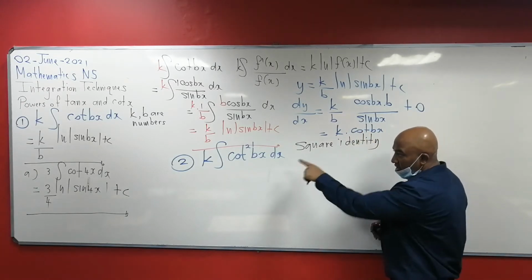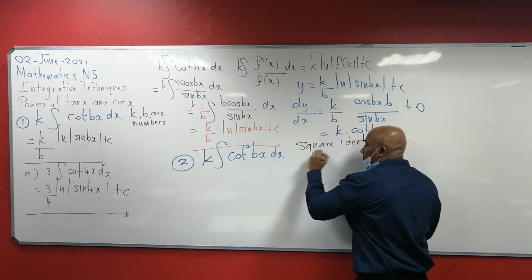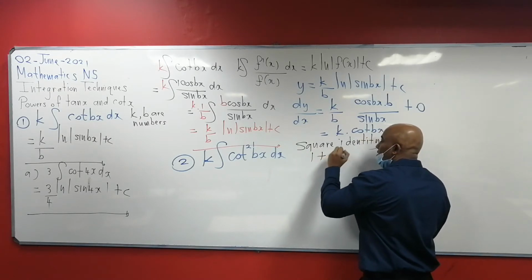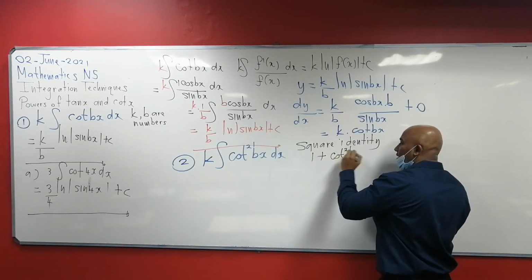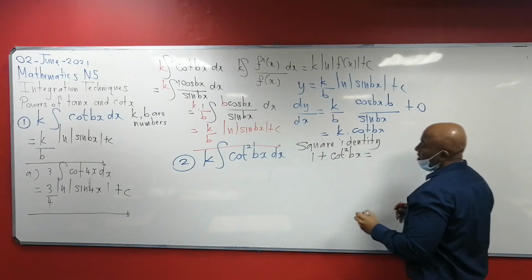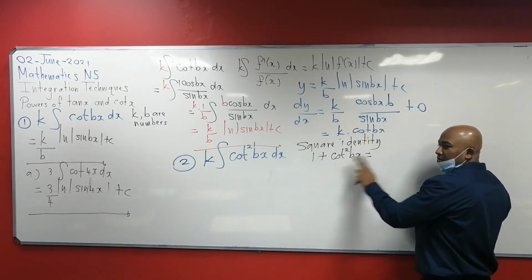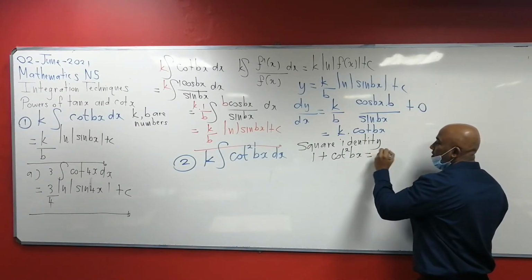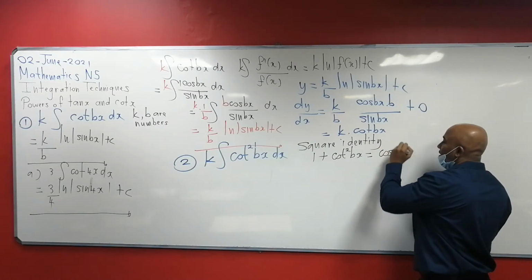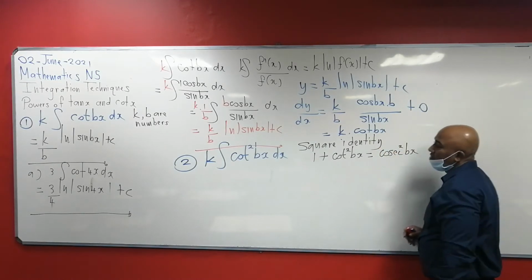So your square identity here is 1 plus cot² bx is equal to cosec² bx.